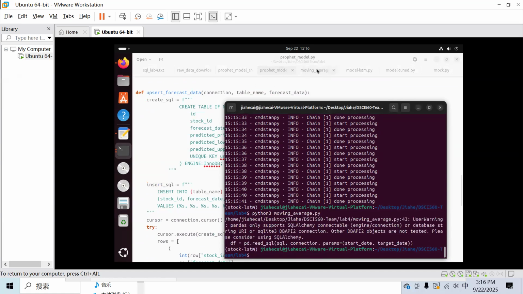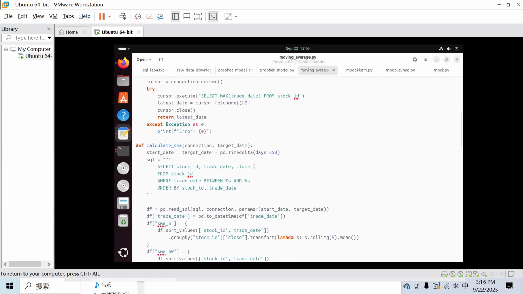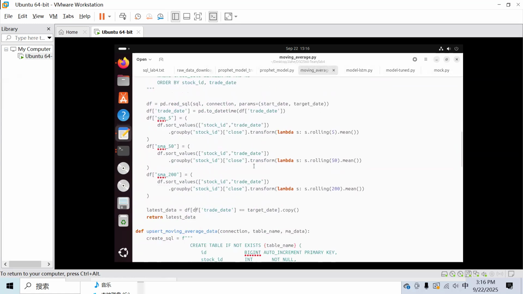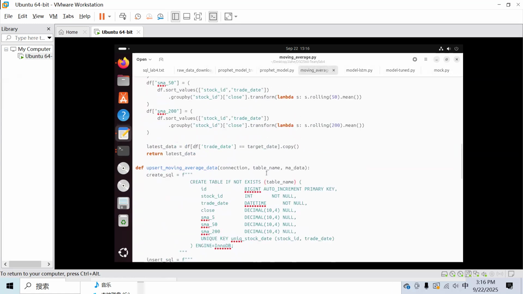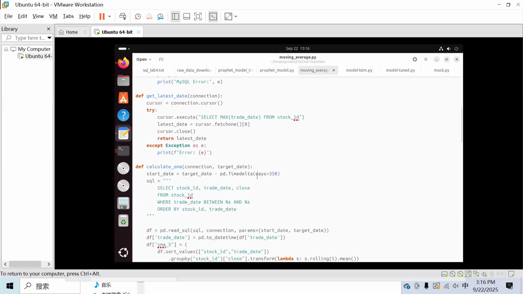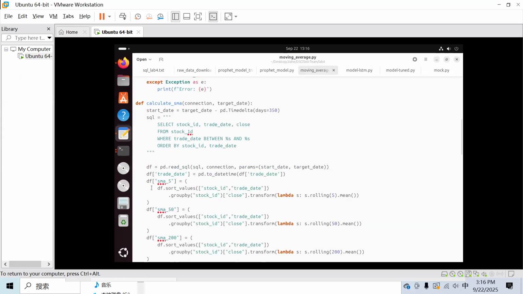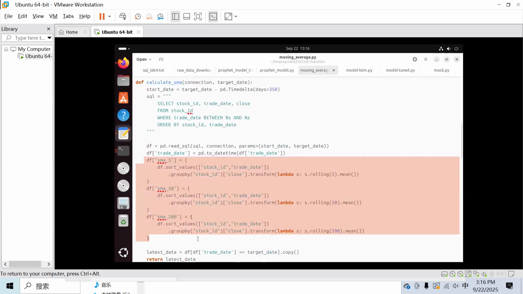And then I also do another one, which is the moving average. I select 5 days, 15 days, and 200 days for each one.